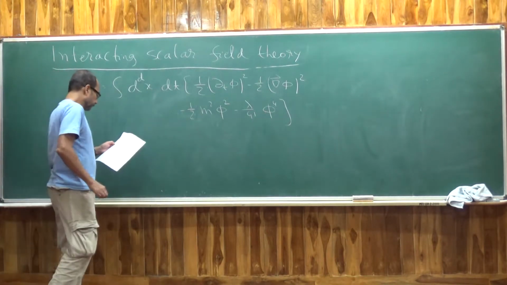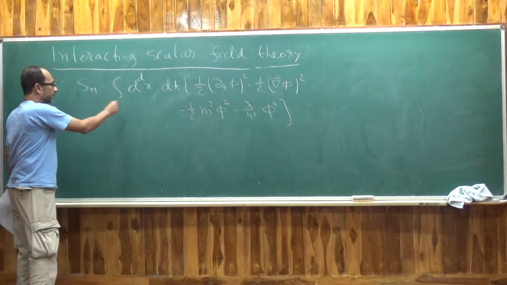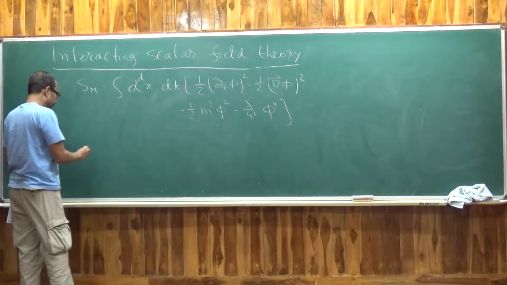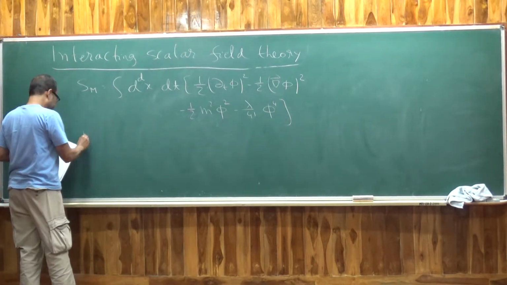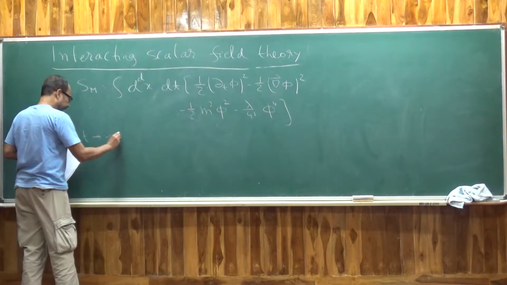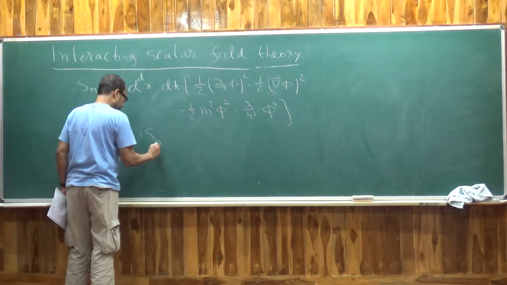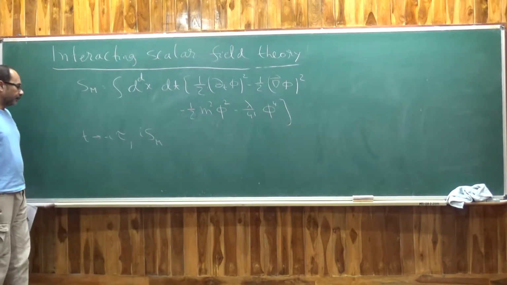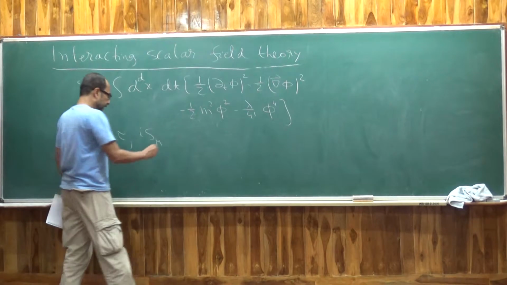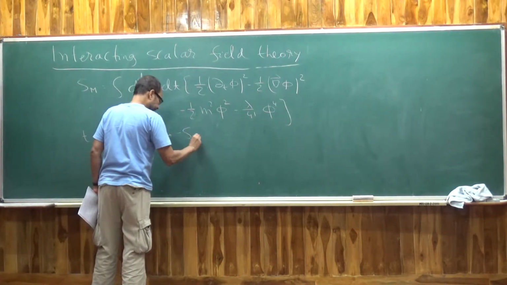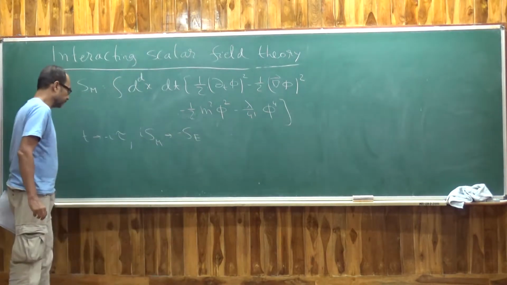Now we go from the Minkowski action to the Euclidean action by simply using the fact that if we take t to minus i tau, then iS_M, which appears in the exponent of the path integral, goes to minus S_E.